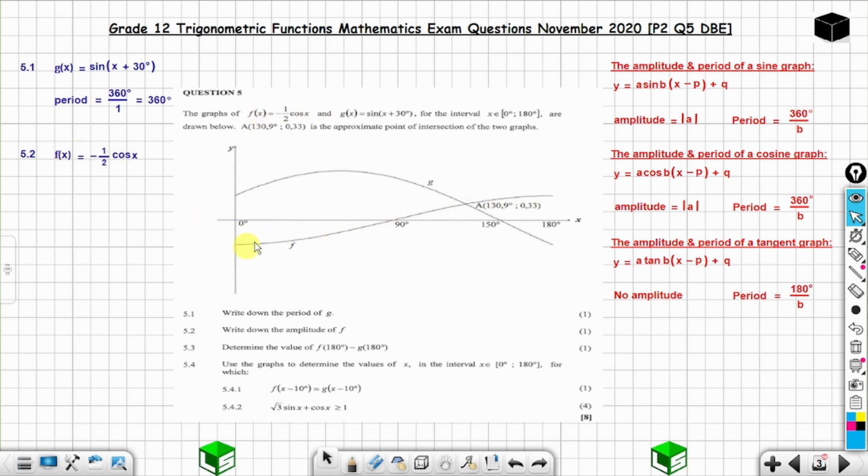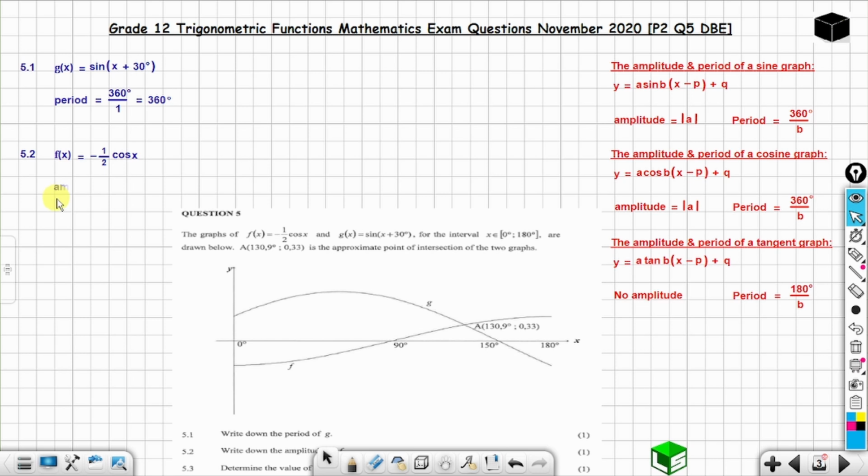For the amplitude of a cos or sine graph, you take the absolute value of what you have in front. The absolute value of this is 1 over 2, a non-negative number.